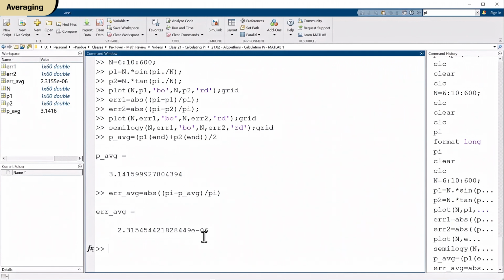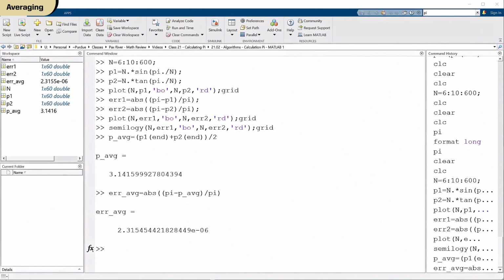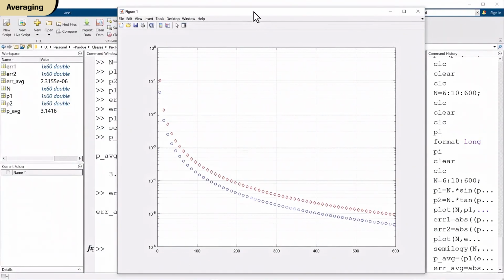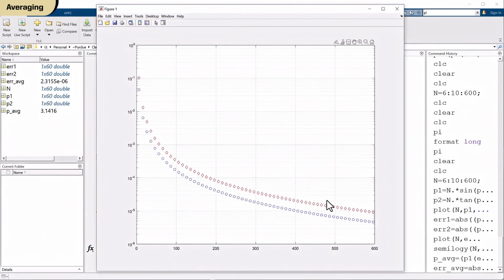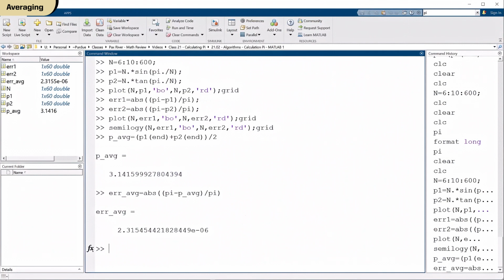It's 2 times 10 to the minus 6. Let's pull that plot back up. The 2 times 10 to the minus 6 is down here. That's 1 times 10 to the minus 6. That's 2 times 10 to the minus 6. So that one, the error is way down here. This is good. That means if I just take a simple-minded approach and just average the two values, the upper and lower bound, just blindly grab the one in the middle, I get a much better estimate.